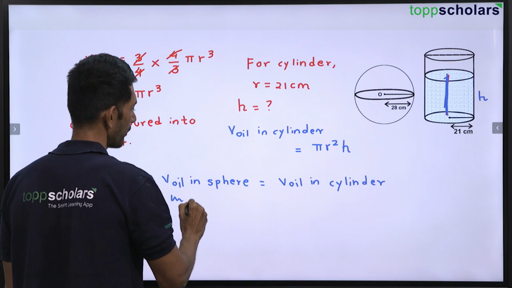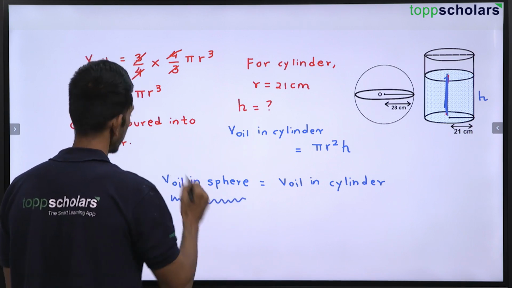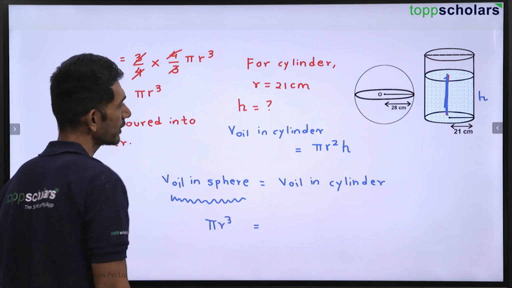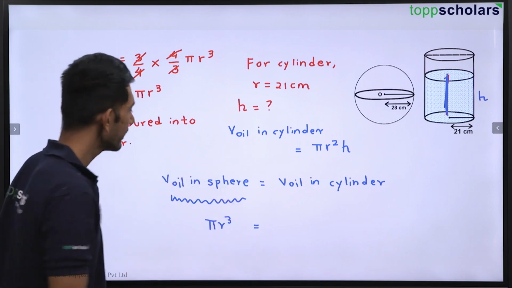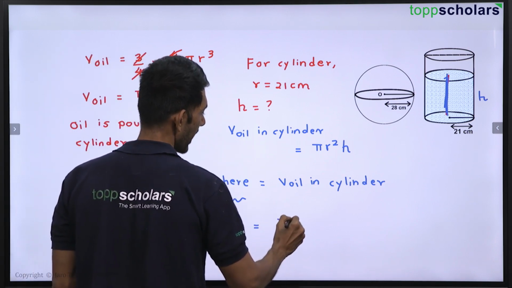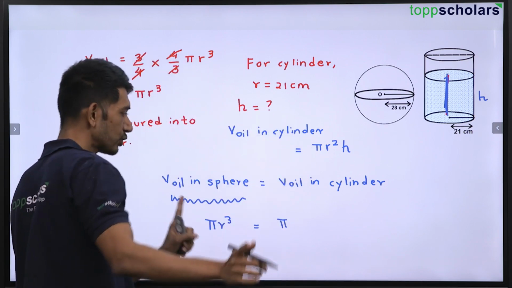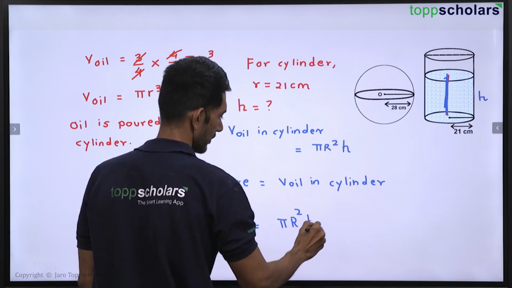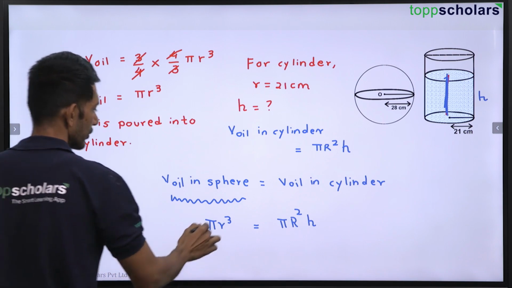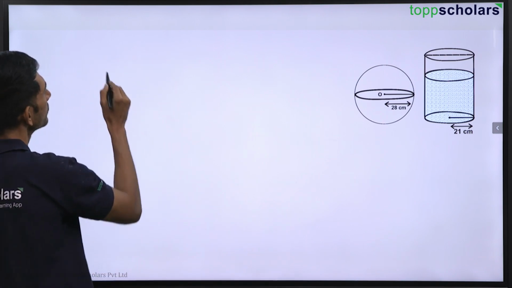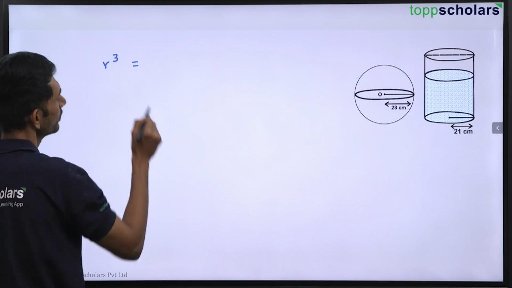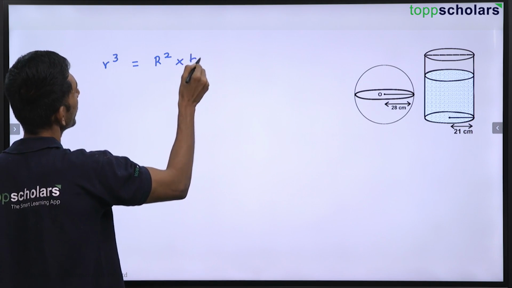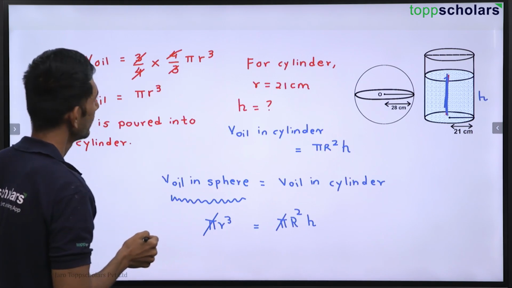So what is the volume of oil in sphere? It is pi r cube. What is the volume of oil in cylinder? It is pi r square h. Let us do one thing to differentiate r. Let me take this as capital R. Correct. So pi gets cancelled. So can I say small r cube is equal to capital R square into h, but what is small r?